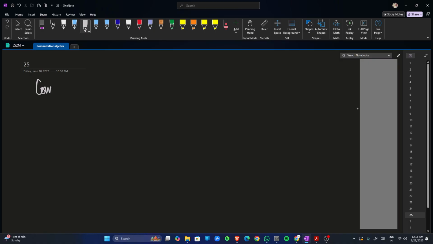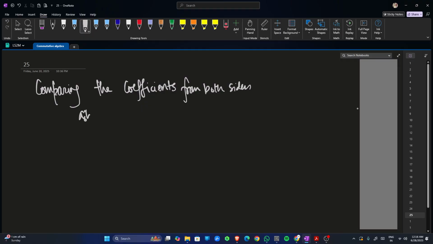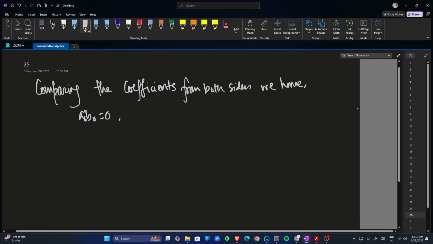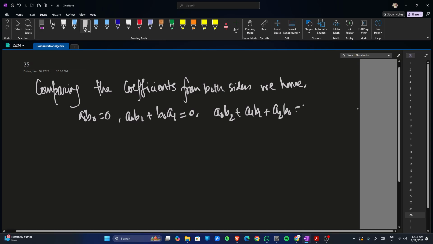Comparing the coefficients from both sides, we have a0 b0 equal to 0, a0 b1 plus b0 a1 equal to 0, a0 b2 plus a1 b1 plus a2 b0 equal to 0, and so on.